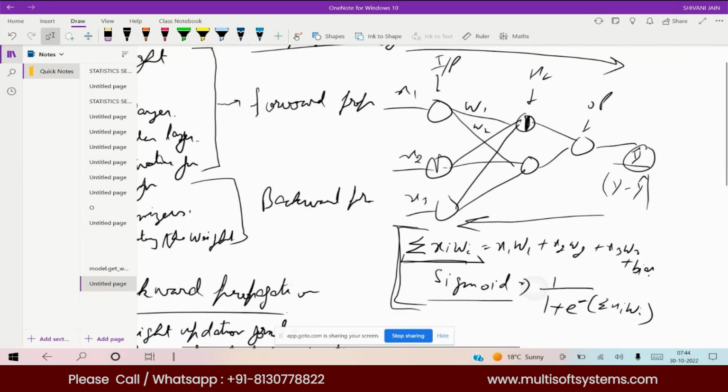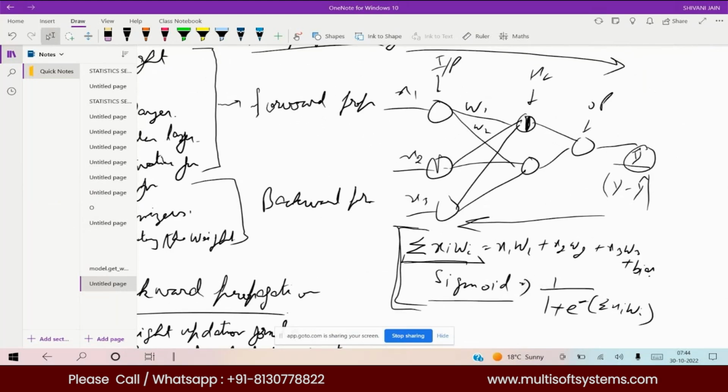Now let's suppose you have completed the first iteration, where you have completed the forward propagation, and you find that loss is still there. Now what will you do? You will update the weights: W1, W2, W3, W4, W5, and W6. We are not doing this manually. We only pass the optimizer, and it is the role of the optimizer to suggest what the weight should be, and it automatically updates the value in the Jupyter notebook.